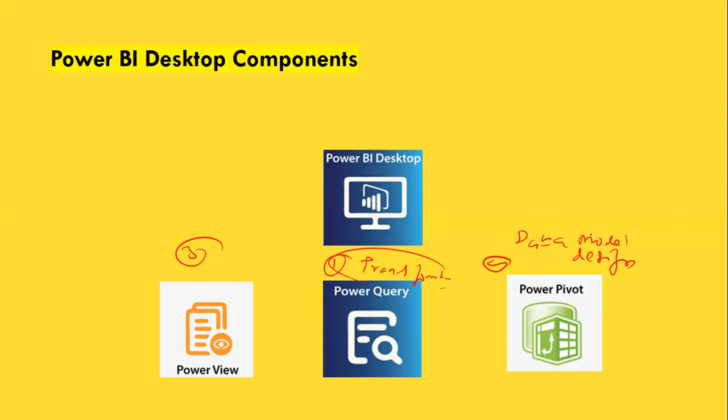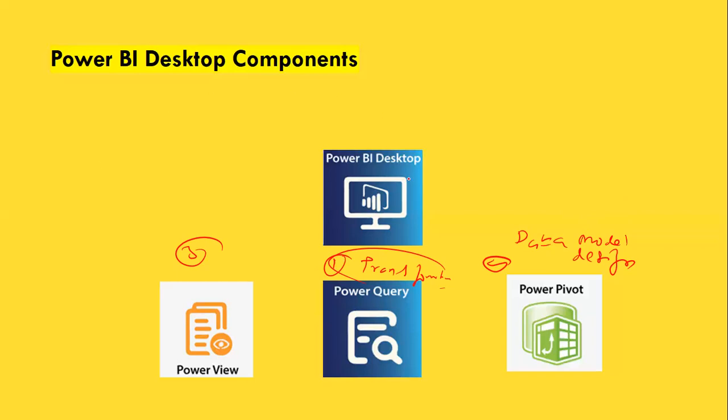Not only in the case of Power BI, you take any application, whether it's a web application or mobile application, you need to have the data model design in place first. And as part of data model design, we will determine how many tables are required, how to store the data, what is the data retention, what is the relationship between the tables. All the things we decide and design as part of this one.